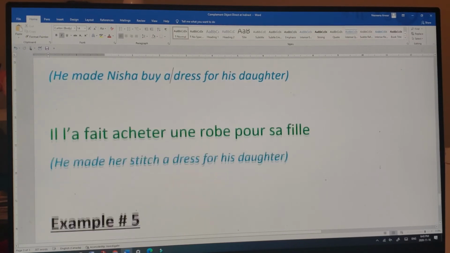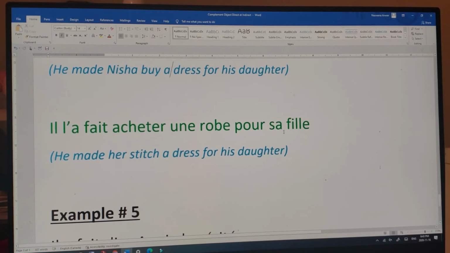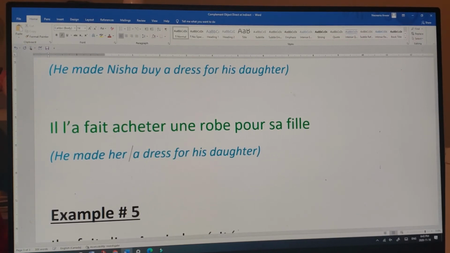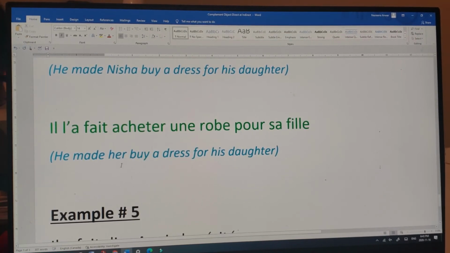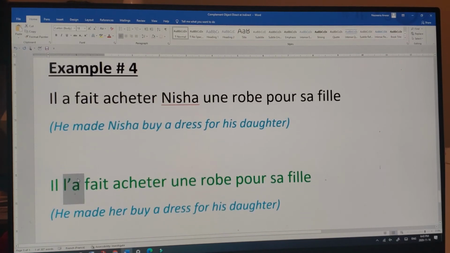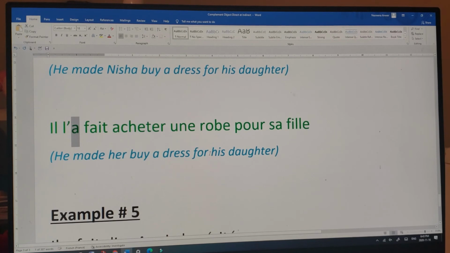So il l'a fait acheter une robe pour sa fille. He made her buy, my apologies, he made her buy a dress for his daughter. So il l'a fait acheter. Her is denoted by la, and then a is for the passé composé. So il l'a fait acheter une robe pour sa fille.